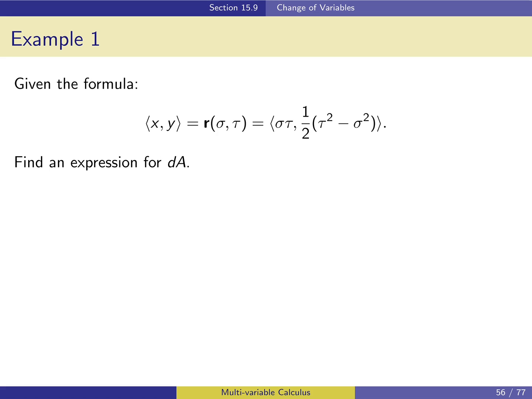So let's go ahead and compute what dA would be for parabolic coordinates.